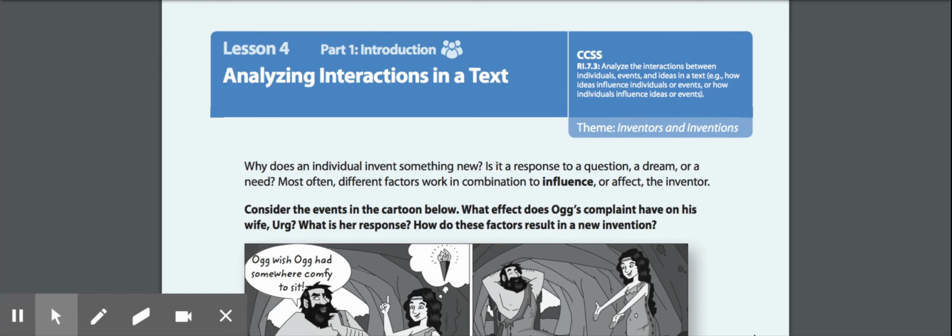So, before we get into our lesson today, let's go over our vocabulary for the week. Monday's word was relinquish, Tuesday was tentative, Wednesday was dawdle, Thursday was bewilder, and today our word of the day is rudimentary.